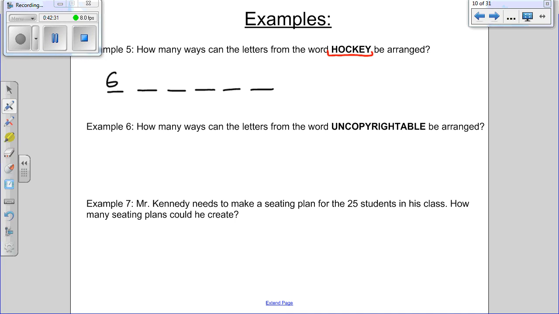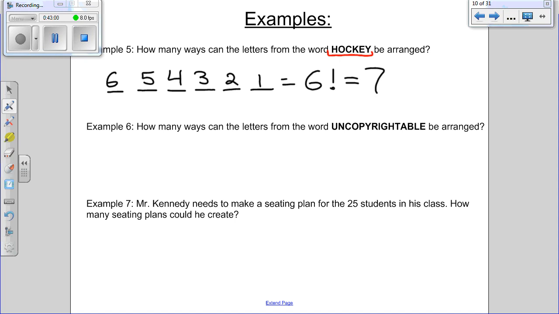So there's only 4 left to choose from. And again, you can count all the way down. That's like saying 6 factorial, which is 720. So there's 720 ways you could arrange the letters in hockey.